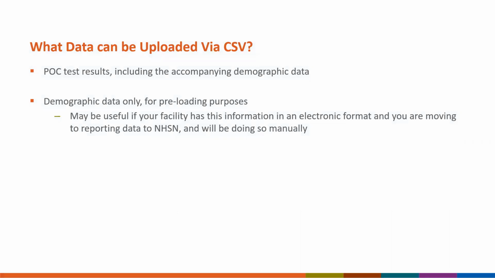A file which includes test results and all accompanying demographic data, or files which include only demographic data but not test results. This option has limited application, but can be useful if you're going to be moving to reporting data to NHSN and have the information in an exportable electronic format, but you will be entering the test result data manually. We'll look at this in the demonstration.